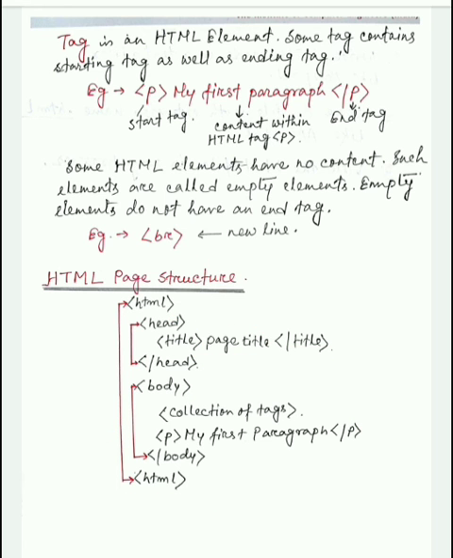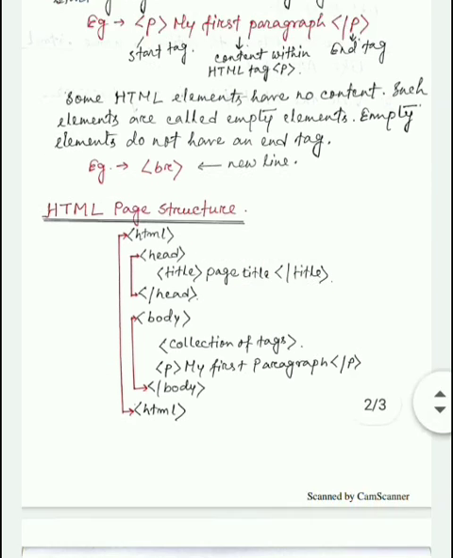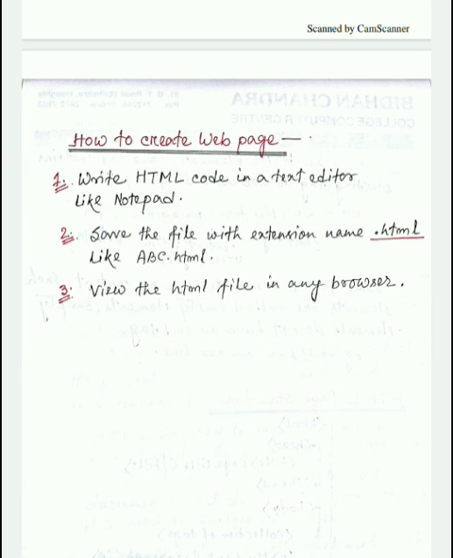Now, how can we write an HTML page, an HTML file? We need only two things to write an HTML file. One is a text editor, like Notepad or Notepad++, etc., where we can write the HTML coding. Okay, there is no other special software needed for HTML coding, only a text editor. So we can use either Notepad or Notepad++.